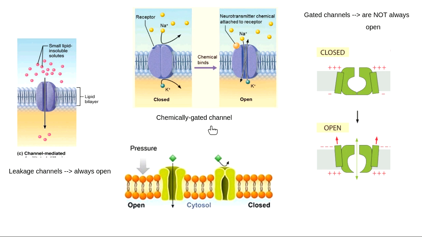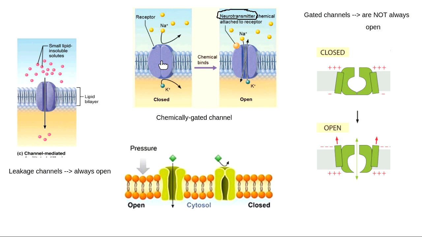The most common chemicals we're going to see with chemically gated channels are neurotransmitters. These are the type of chemicals that neurons use to talk to each other. The way this works is I have a chemically gated channel protein over here. Notice how it's closed right now. There's no space for things to go through.